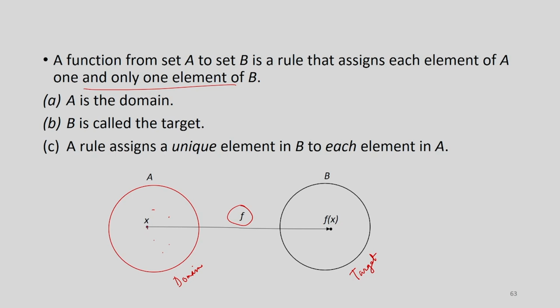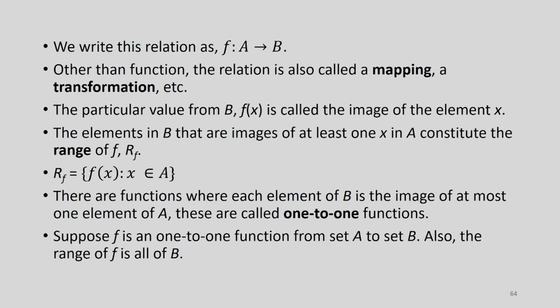So, here you are taking element x from A, and this function gives you a unique element f(x) in B. And we write this relation as f: A → B. So, it is a function from A to B, f is a function from A to B. Other than this term function, the relation is also called a mapping, a transformation, etc. So, other names could also be used.